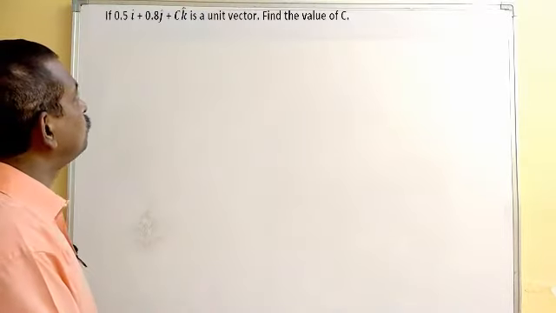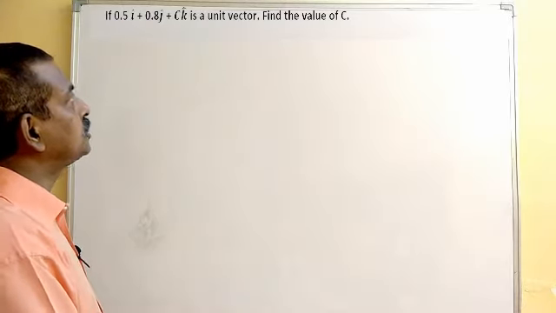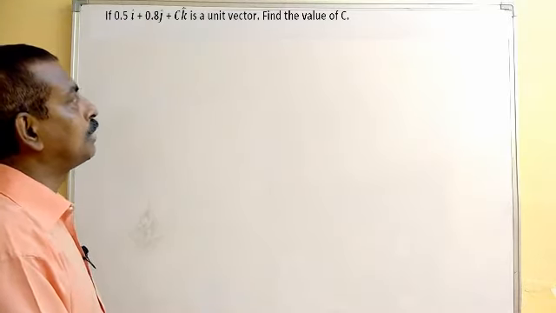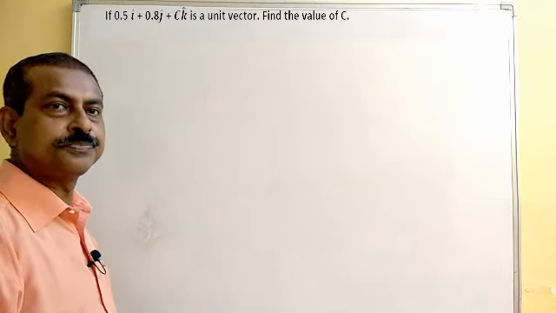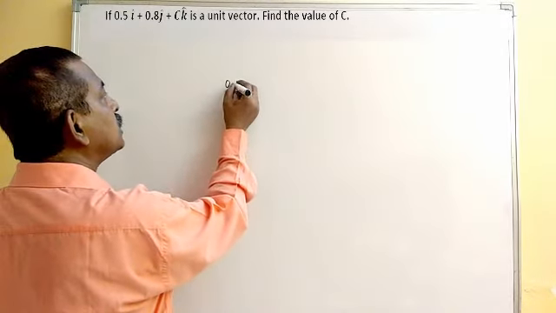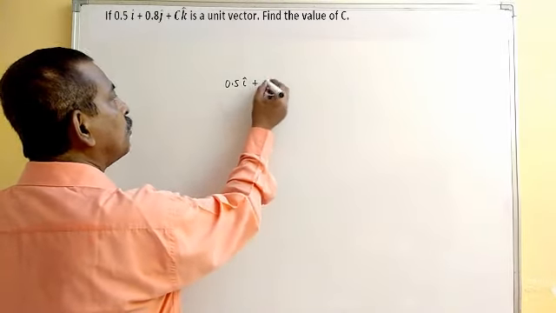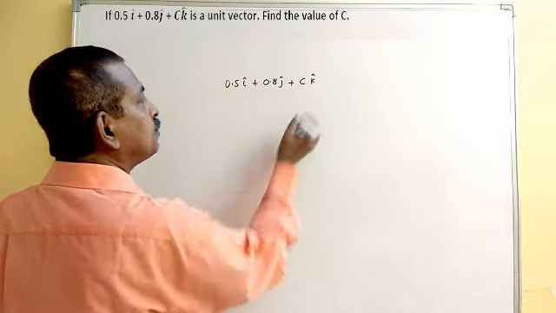Next question. If 0.5 i cap plus 0.8 j cap plus c k cap is a unit vector, find the value of c. So it is given that this is 0.5 i plus 0.8 j plus c k cap.